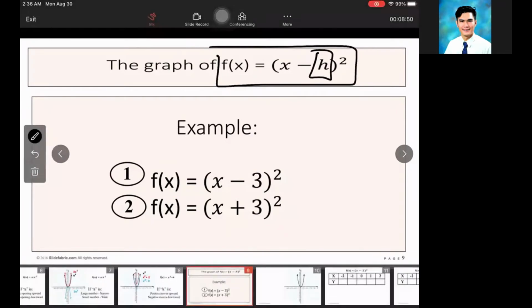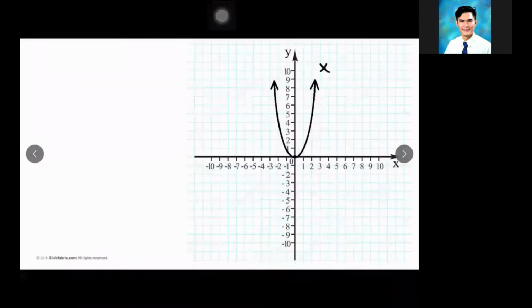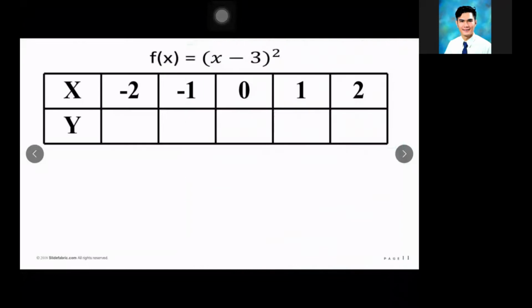From here, we are given our original graph, x squared, and we will first illustrate the function (x − 3)². Let us graph this expression by substituting values of x into our expression. Let us proceed.